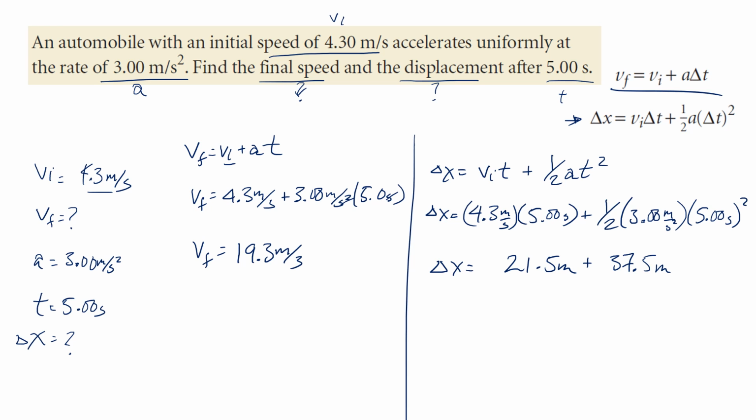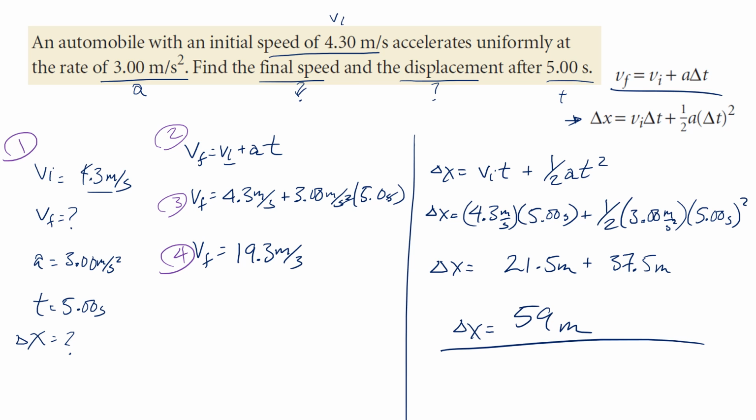So plus 37.5, I got 59 meters. Okay, so part one, identify your variables, V V A T X. Part two, pick the right equation, plug in, and solve.